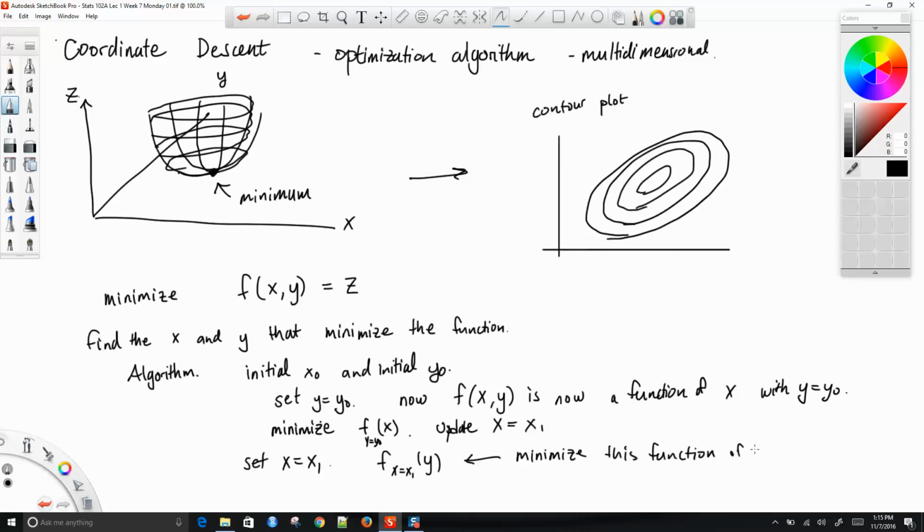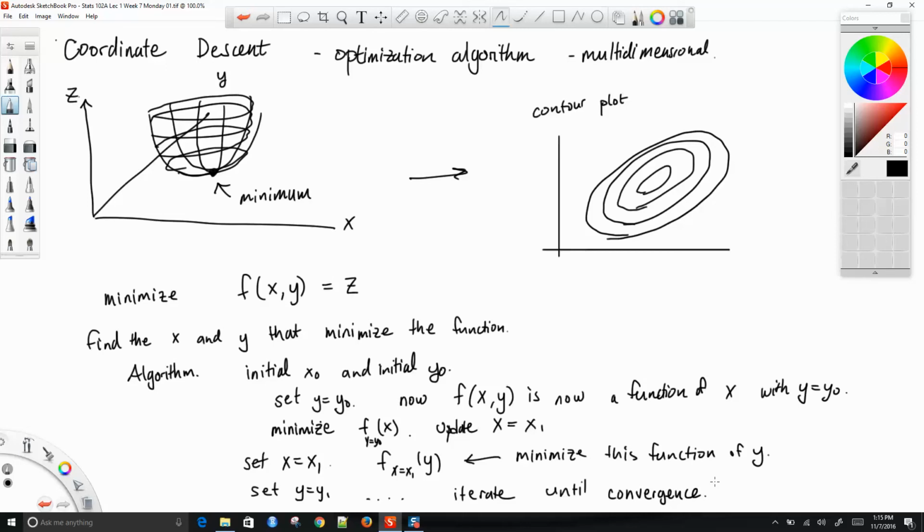Minimize this function of y, finding the y that minimizes it, and then you iterate. Now you set y equal to y1, and so on, iterating until convergence. Does the idea there make sense?